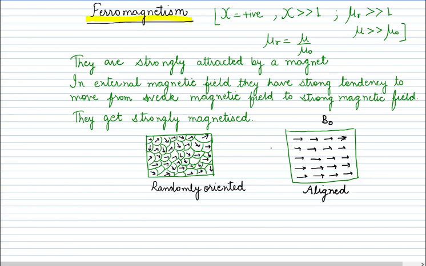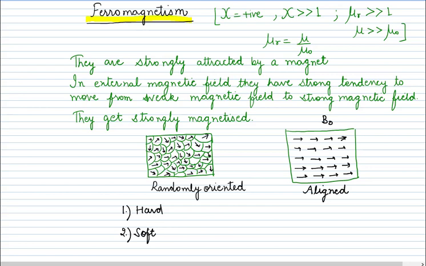Again, these ferromagnetic materials we can divide into two classes: hard magnetic materials and soft magnetic materials. So what is the difference between the hard magnetic materials and soft magnetic materials? Let us understand the basic difference, and then it will always be easier to remember.